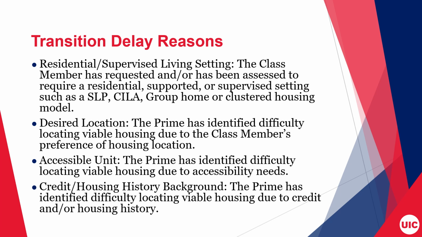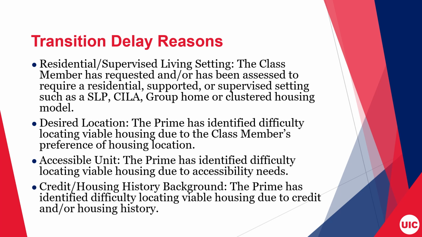Residential supervised living setting. The class member has requested and/or has been assessed to require a residential supported or supervised setting, such as an SLP, SILA, group home, or clustered housing model, but there are no current vacancies in the class member's area of preference. Desired location. The prime has identified difficulty locating viable housing due to the class member's preference of housing location.